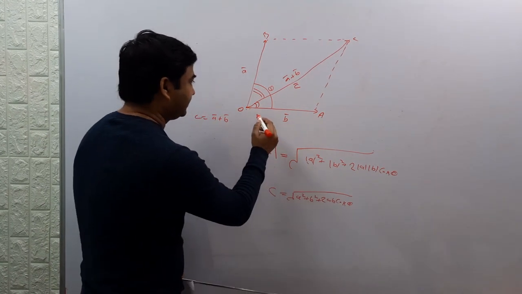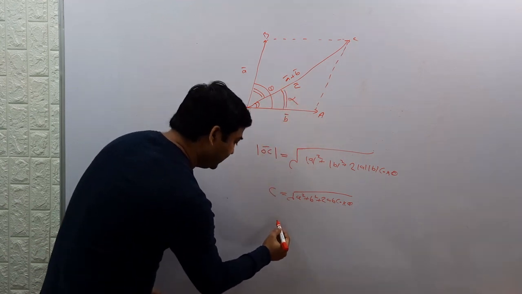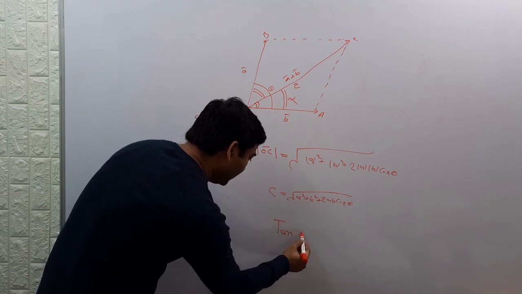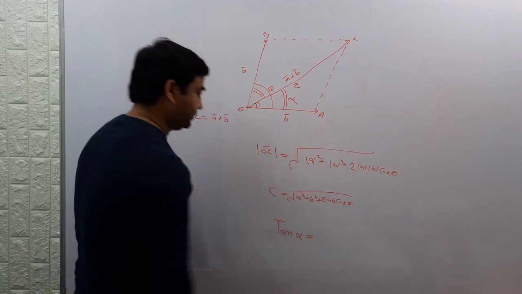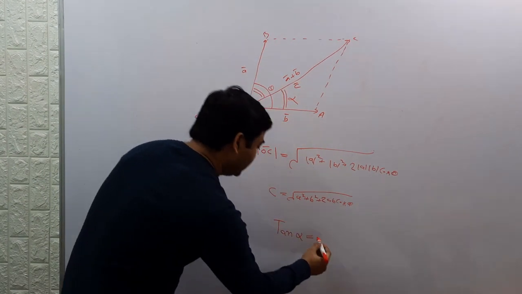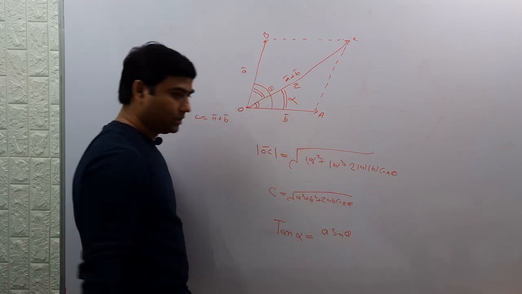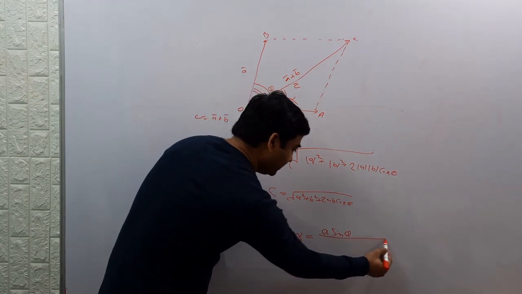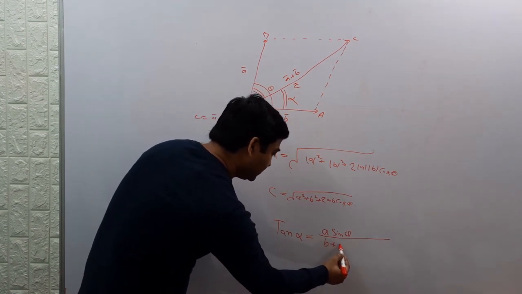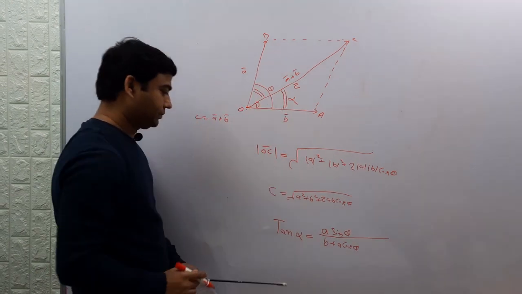And direction, this angle alpha can be found by tan alpha is equal to A sin theta divided by B plus A cos theta.